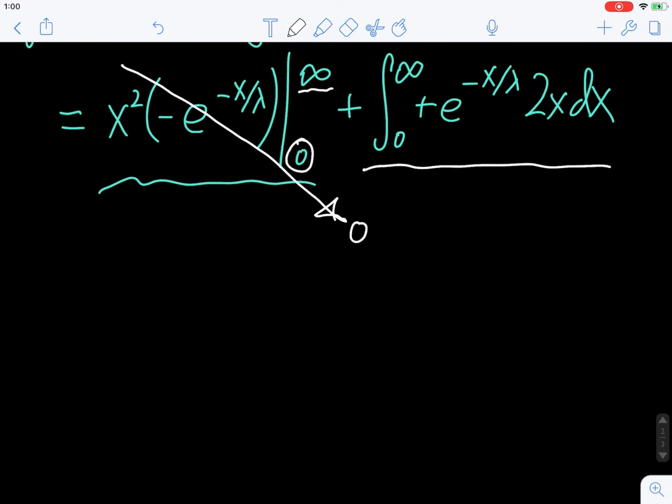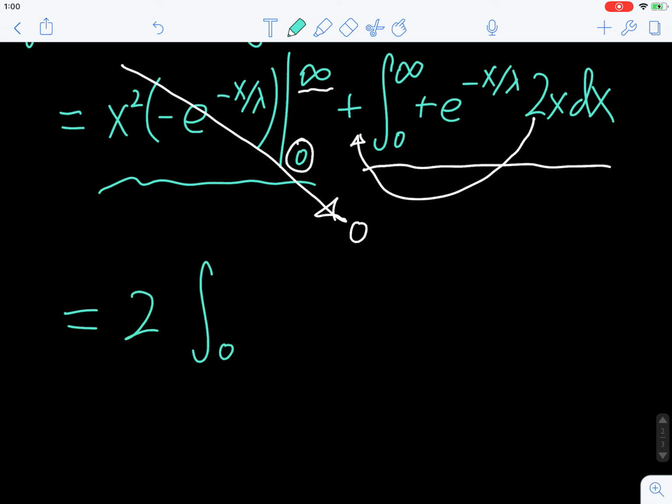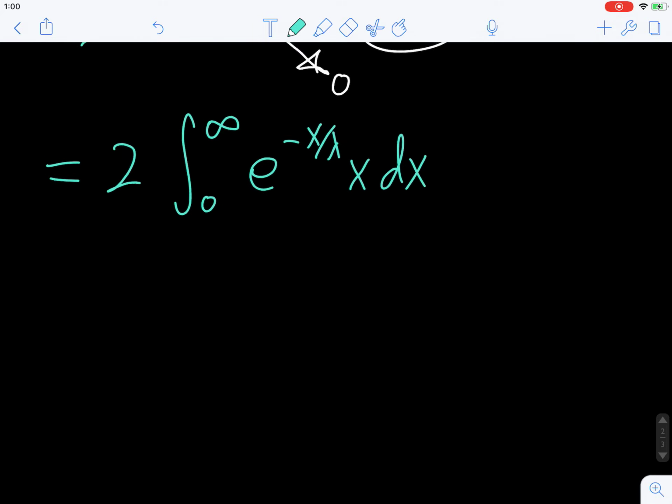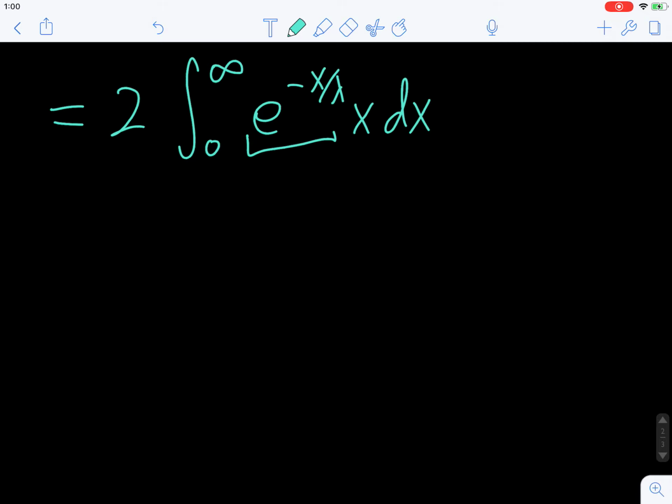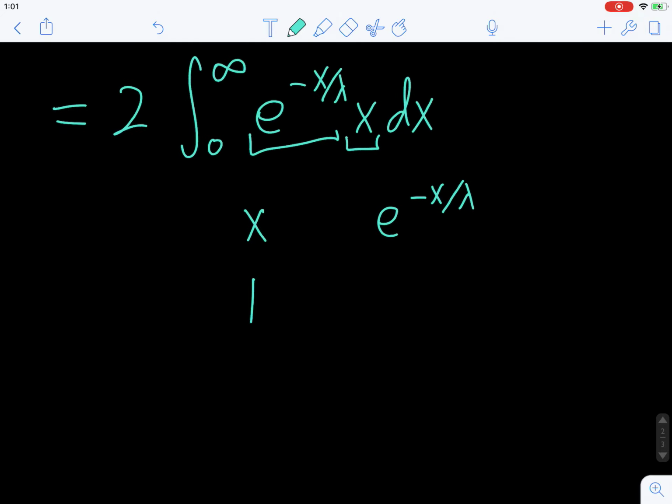Again, we'll use integration by parts. Let's bring the 2 out into the front. We have 2, integral from 0 to infinity, e to the negative x over lambda, x dx. Remember that this is easy to integrate, and this is easy to derive. If we derive x, we get 1. If we integrate e to the negative x over lambda, we'll get e to the negative x over lambda times negative lambda.